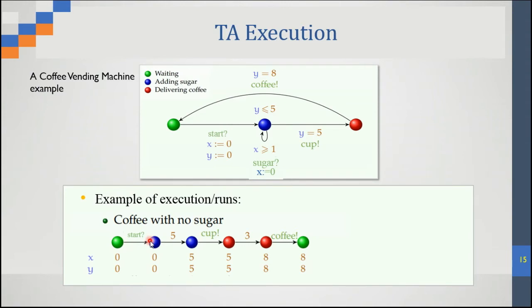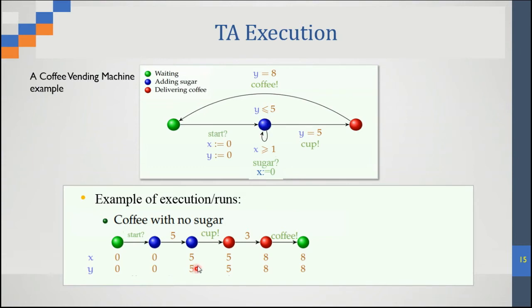In the execution, once you reach the timed automata blue state which is adding sugar, if you don't press adding sugar, you just stay there, stay in the blue state until the guard allows you to move from this state.